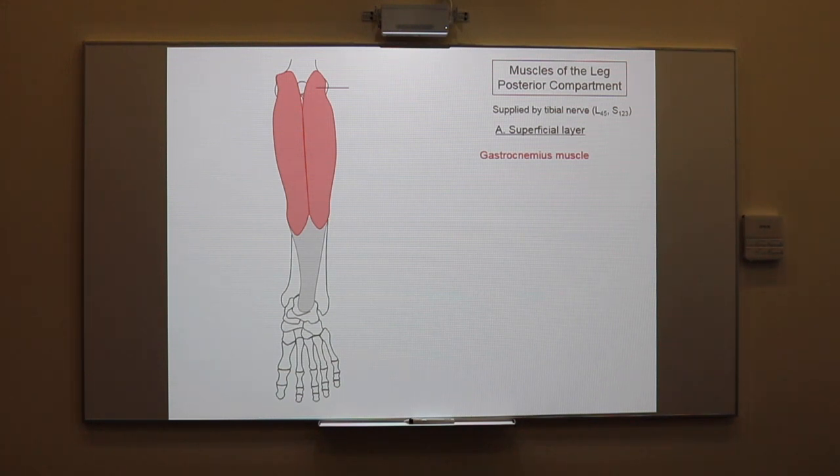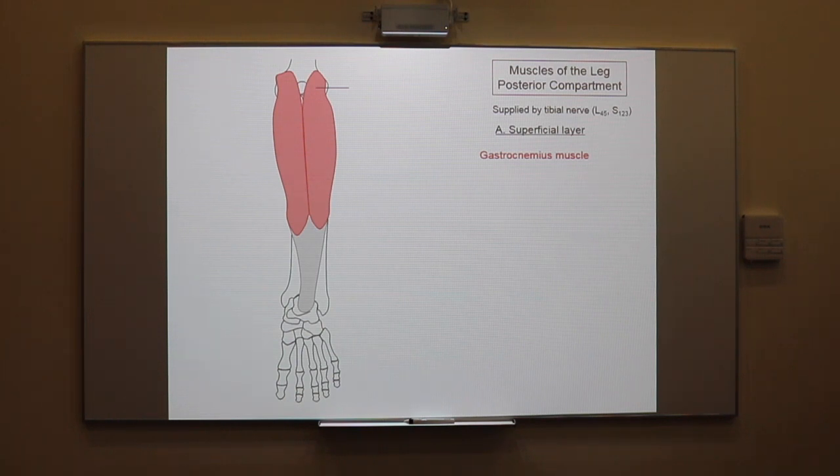So when you are pushing off your feet from the ground and you want to do a rapid push off, like you are jumping in basketball, or you are running, or you are starting your movement suddenly, the rapid push off, or rapid plantar flexion, is the action of the gastrocnemius.